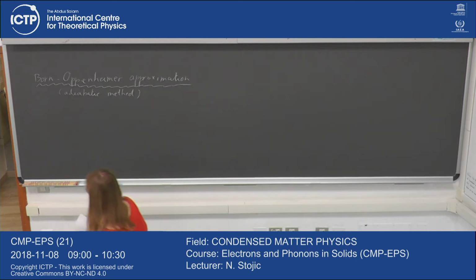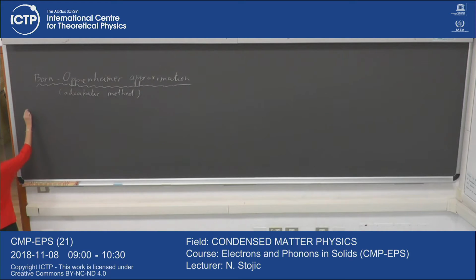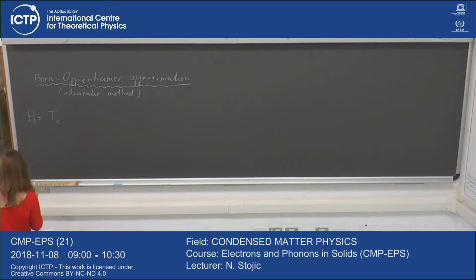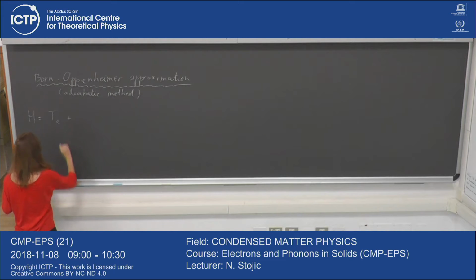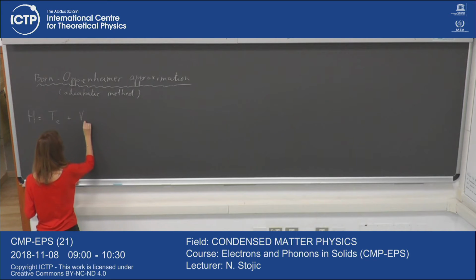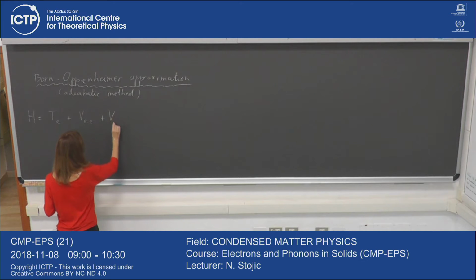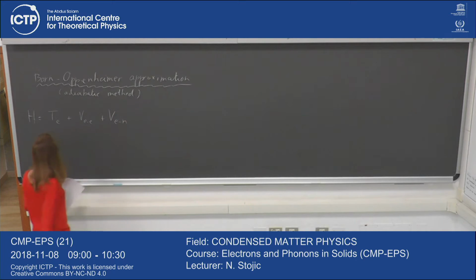So let's go back now to the original Hamiltonian. This is the full Hamiltonian for the electrons and the nuclei. In general, it includes a kinetic part for the electrons, for which I use the T. Then there is an electron-electron interaction and an electron-nuclei interaction.